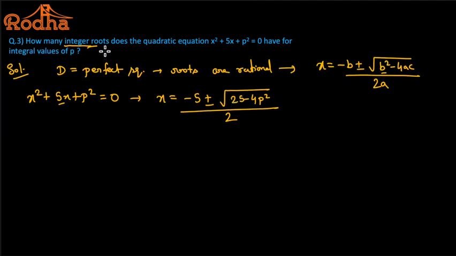What I need here is that the root should be an integer. That means this value of x should be an integer. First of all, integer is fine, but this under root term should be positive.